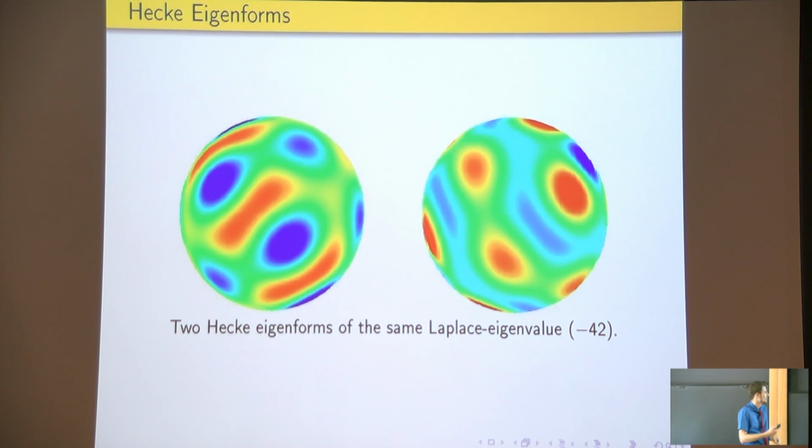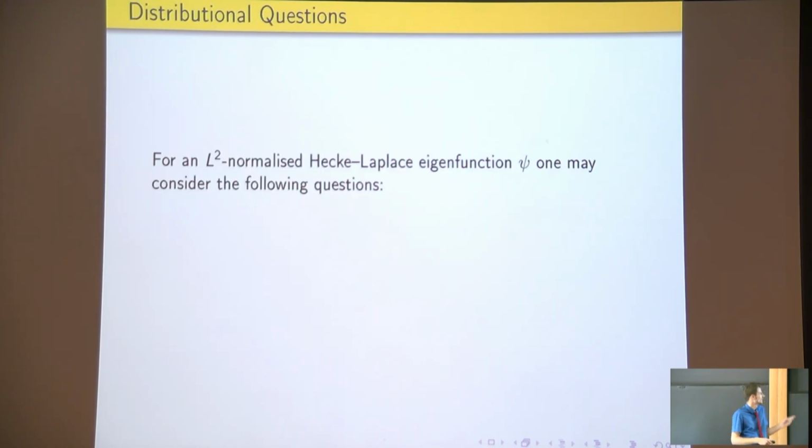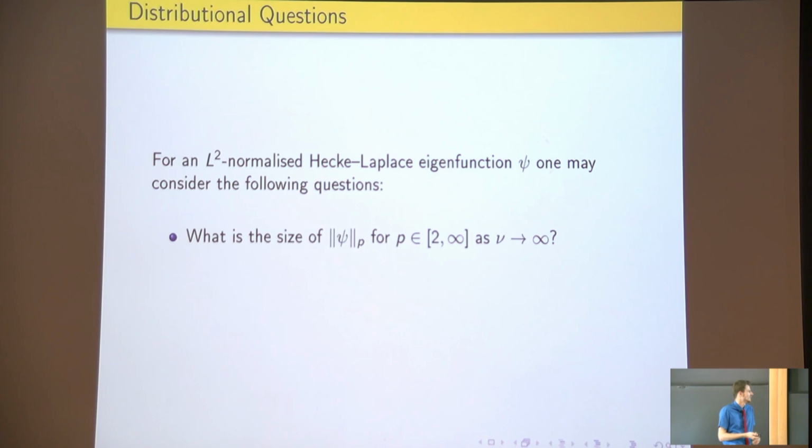So what are the questions you can ask? You fix a Hecke Laplace eigenfunction psi, normalized, and then the first question is, what are the LP norms along a sequence when your eigenvalue goes to -infinity?